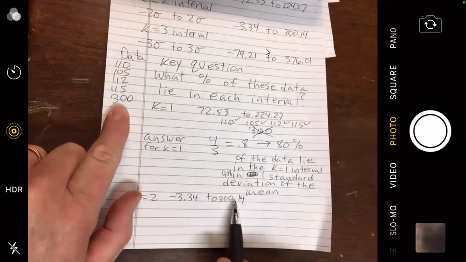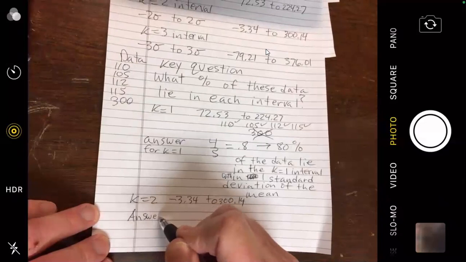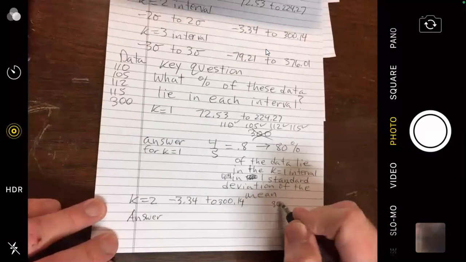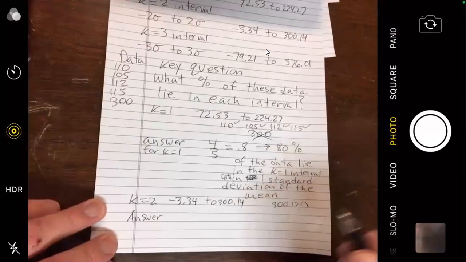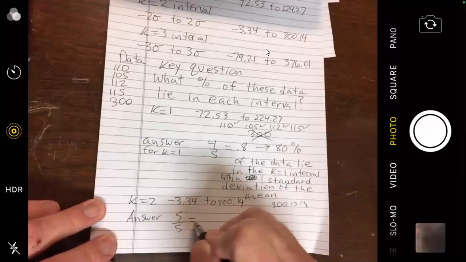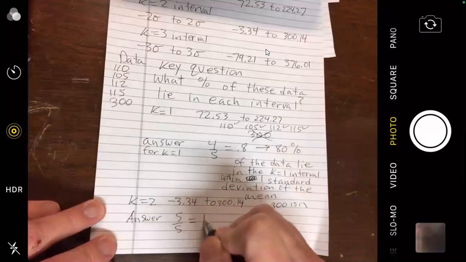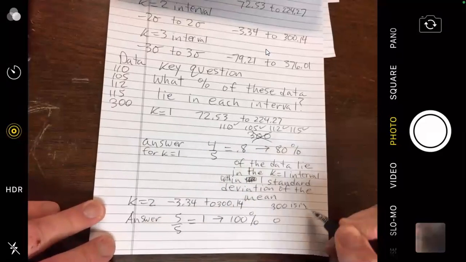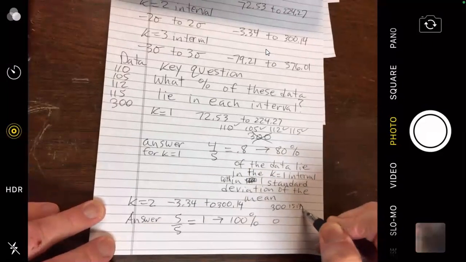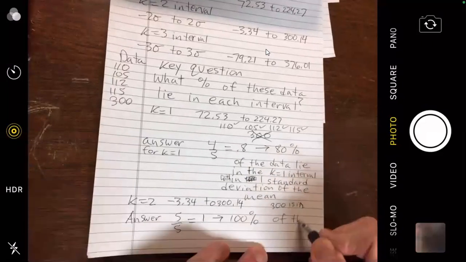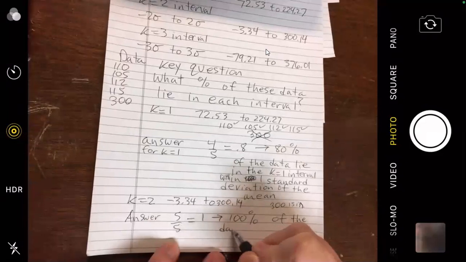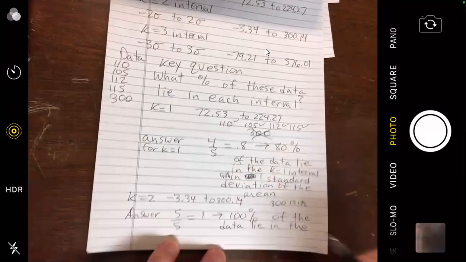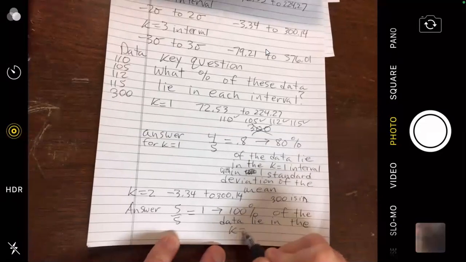So the answer is 5 out of 5, which is 1, which is 100% of the data lie in the k equal 2 interval.